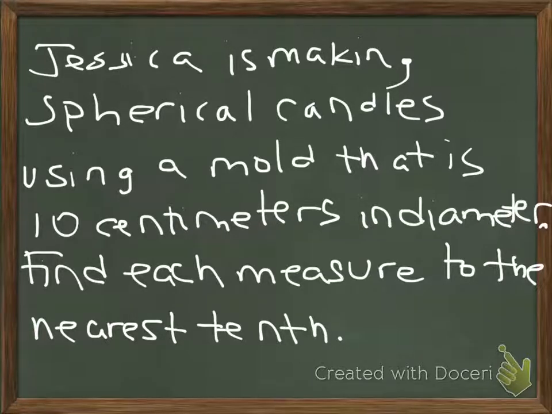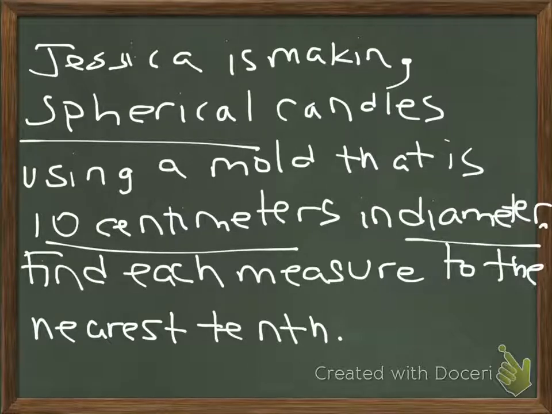And as always, we don't shy away from the word problems. So here we have a word problem, but mainly it's asking us to find, again, surface area and volume, just in a backwards way. But this is saying Jessica is making spherical candles, so we need to pay attention to the fact that it says spherical, because that tells us the shape, using a mold that is 10 centimeters in diameter, so it gives us a diameter there.